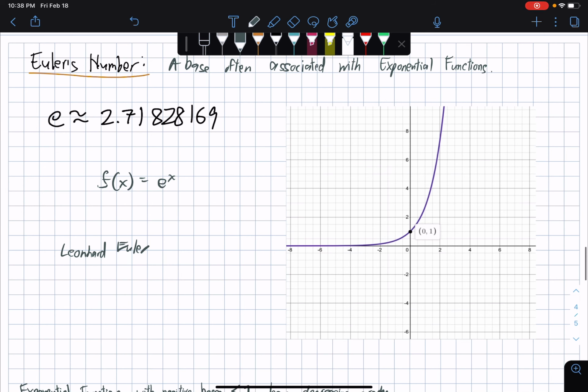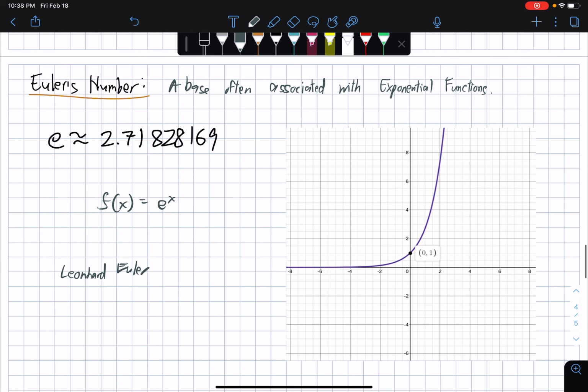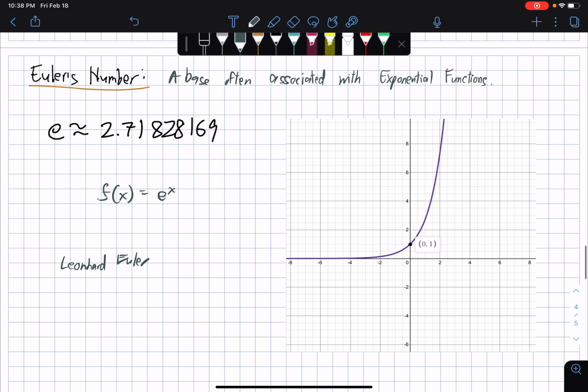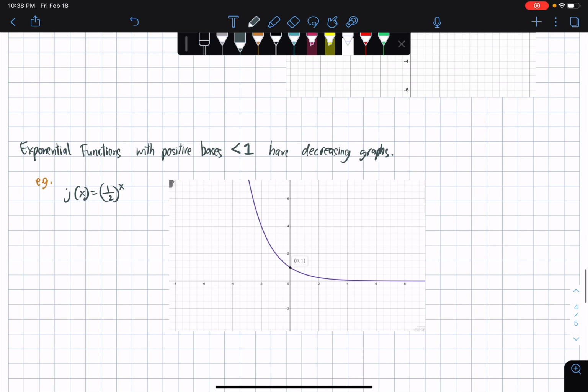In the study of exponential functions, you will be seeing Euler's number as a common sight, and I'll be teaching you how to solve with these quantities, especially when you solve exponential equations or functions. Exponential functions with positive bases that are less than 1 have decreasing graphs. I'll give you one example.